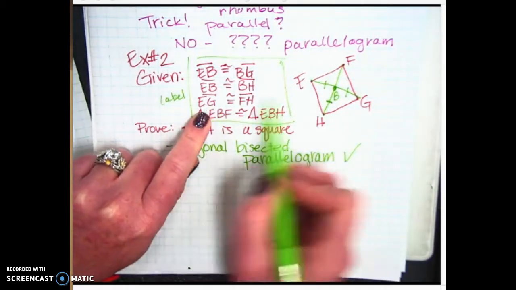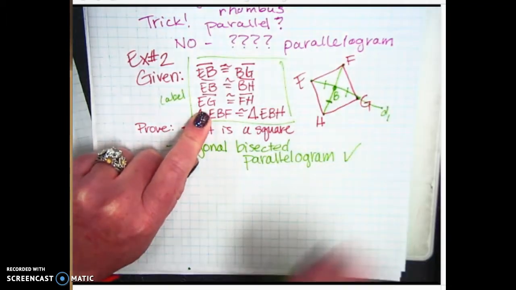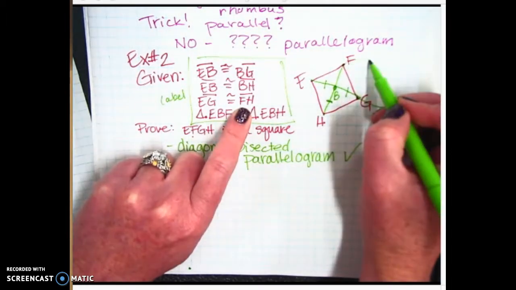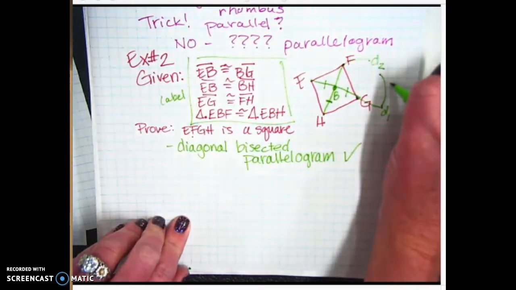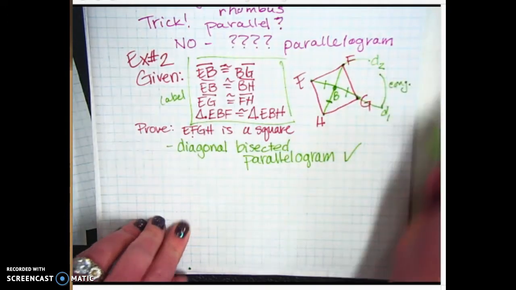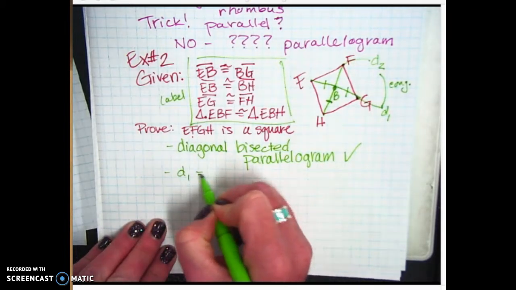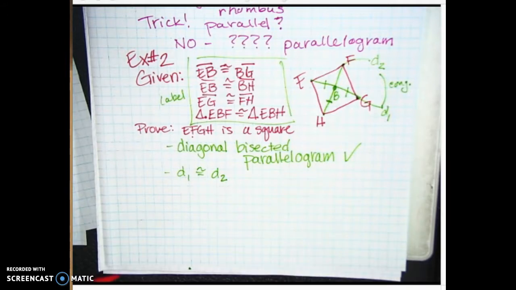Okay, EG, so here's EG, that's this whole diagonal, we'll call it diagonal 1, is congruent to FH. This whole diagonal, we'll call it diagonal 2. These two diagonals are congruent. So if diagonal 1 is congruent to diagonal 2, does that prove anything?